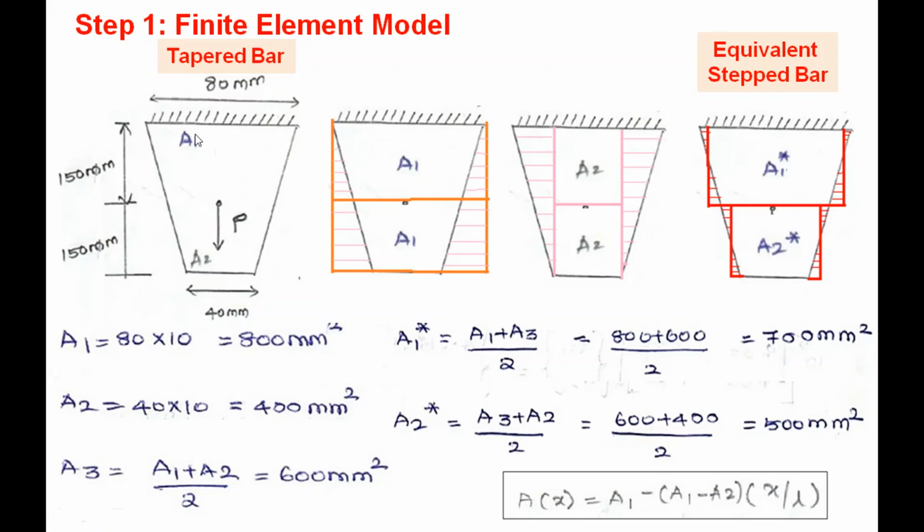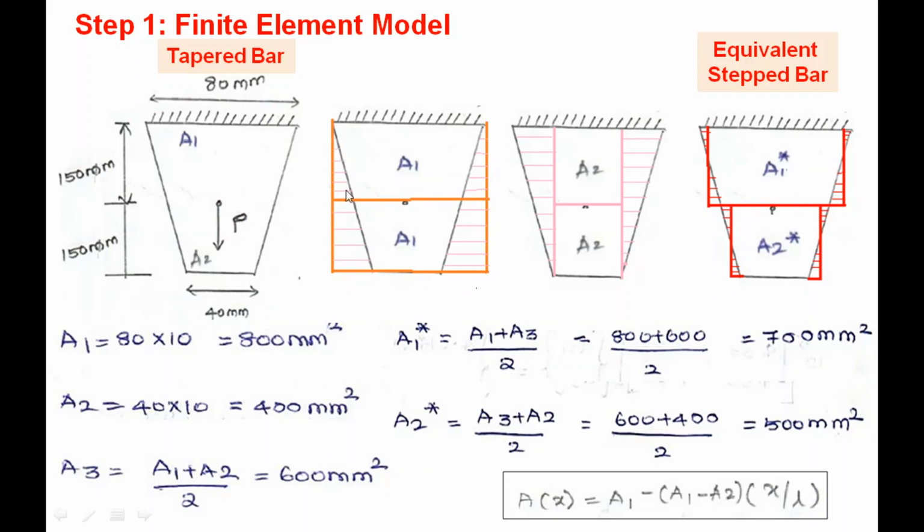So, when we select A1 as the cross section for the line element, the model will be like this. Here I am showing this shaded region. This shaded region will be the error due to this finite element model. This is called a discretization error.